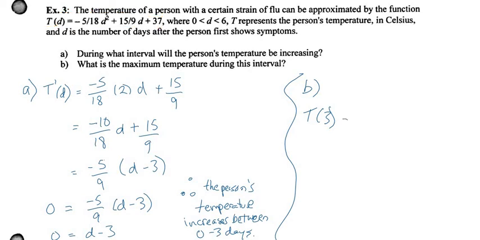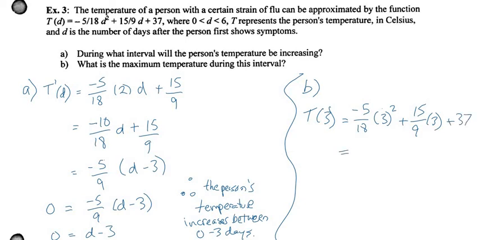So we're going to use T of 3, which is negative 5 over 18 times 3 squared, plus 15 over 9 times 3 plus 37.